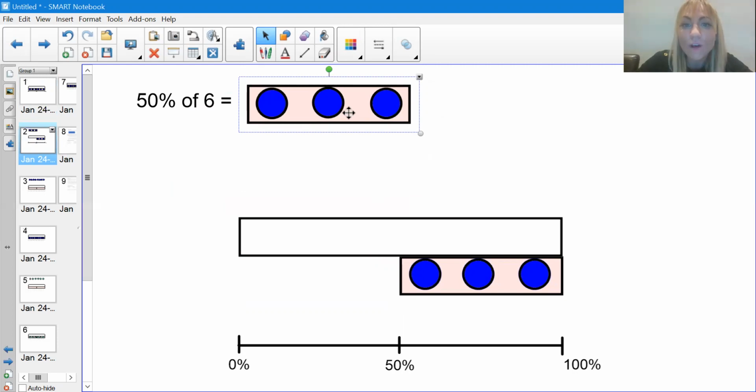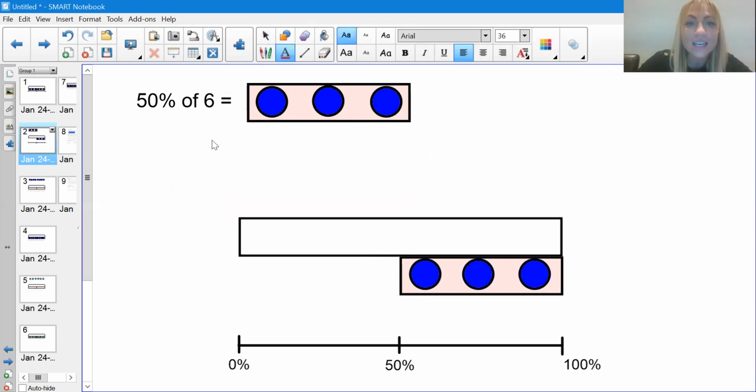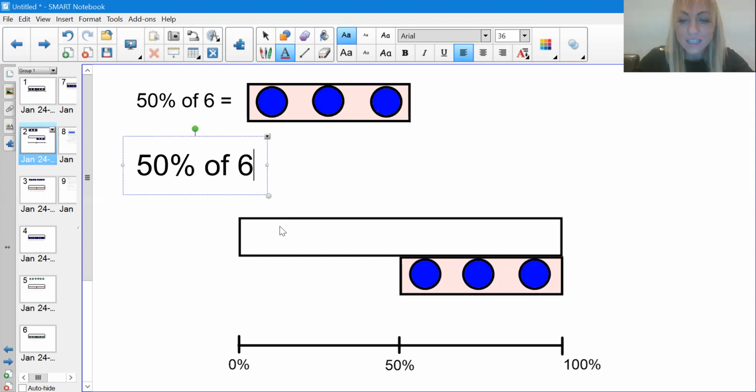So half the whole amount, which was 6, is 3. So 50% of 6 is 3, and I can write that here. 50% of 6 is equal to 3.